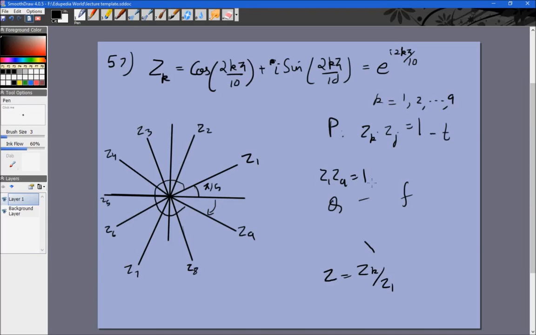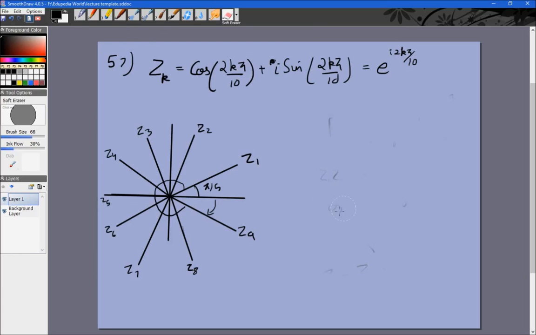Let's look at R and S. Now, for looking at R and S, we can just start from the very basic definition of Z. We can see what these 9 numbers are. They are the 10th roots of unity. We can see that these 9 numbers, along with this, which for now I'll just call Z0, which is 1, these 10 numbers follow the equation Z to the power 10 is equal to 1.